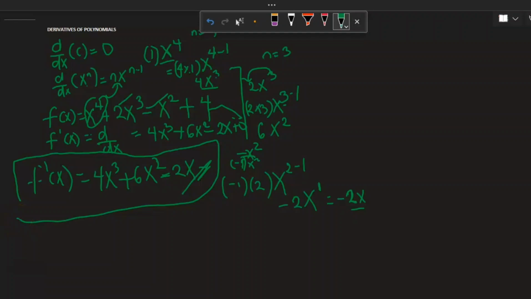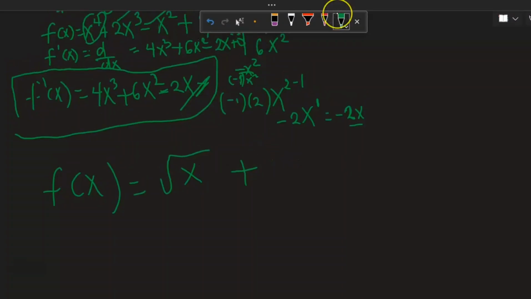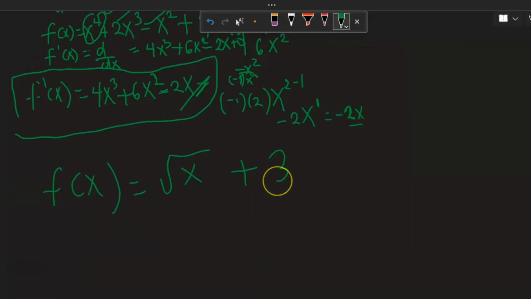We know we're given f of x equals root x plus 3.